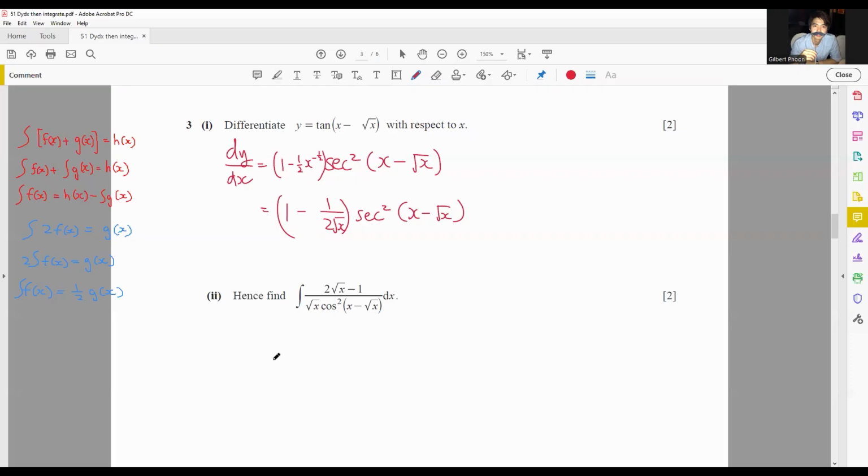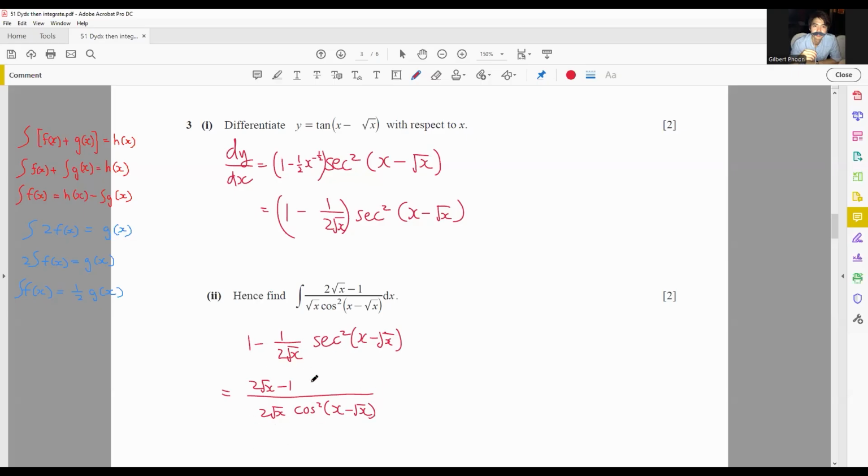So this changes to 1 minus 1 over 2 root x, secant squared of (x minus root x), which is actually equal to 2 root x minus 1 over 2 root x cos squared of (x minus root x), right?